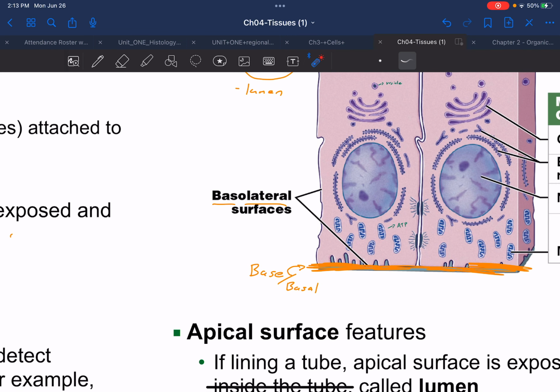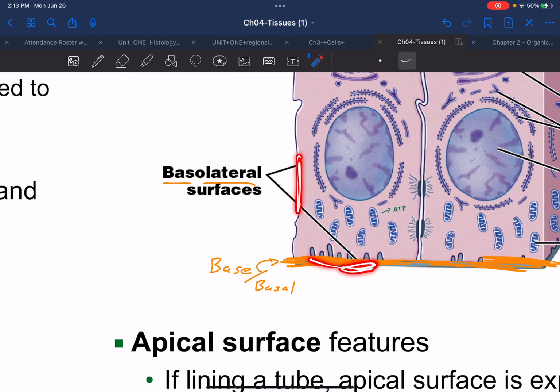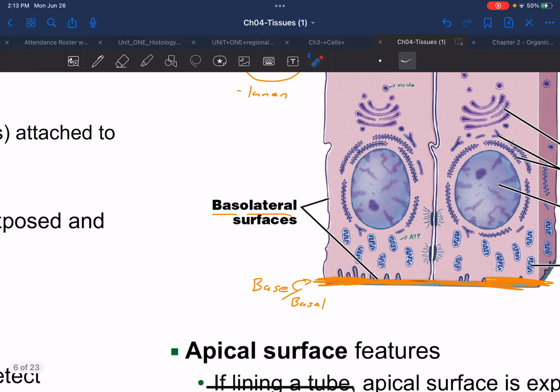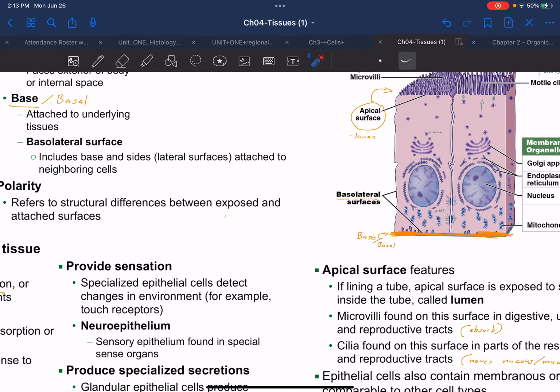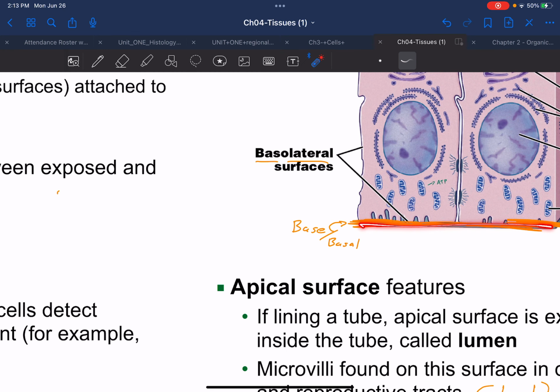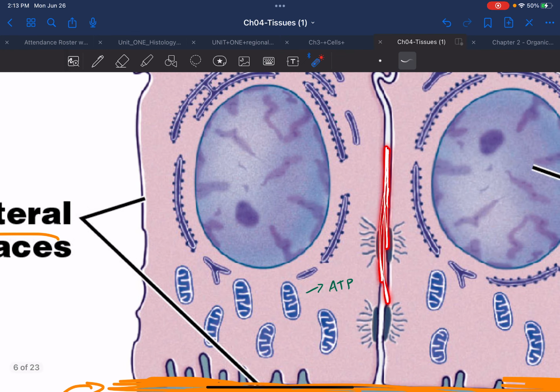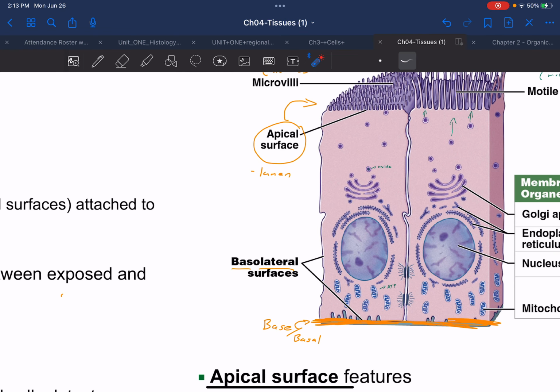So basolateral is just to sum up both these sides. But it's more practical if you learn basal as well. So basal is going to be the bottom side. And then if you just simply describe this one, it's lateral. The lateral side of the cell. So you can see that these cells do have an orientation just like a person does, right? A head, feet, like a top and a bottom in essence.